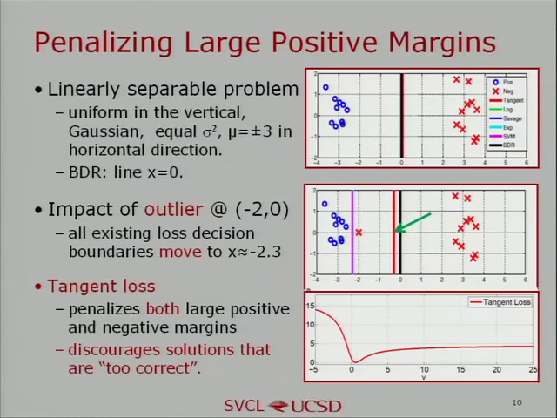If I had only plotted these points in the x direction, you would get these circles on top of each other. You couldn't really see anything. That's why I said it's uniform in the vertical, so you can disregard it completely. But the point of this toy problem is something completely different.